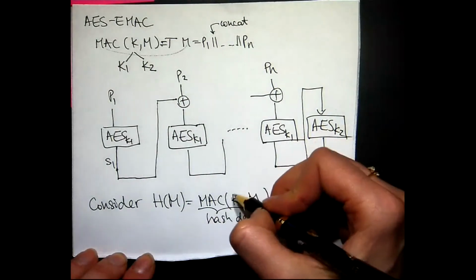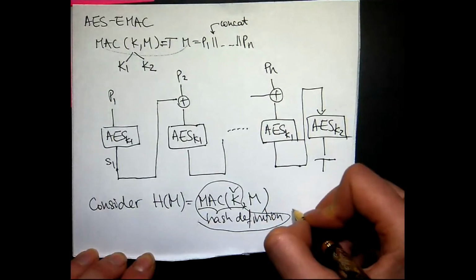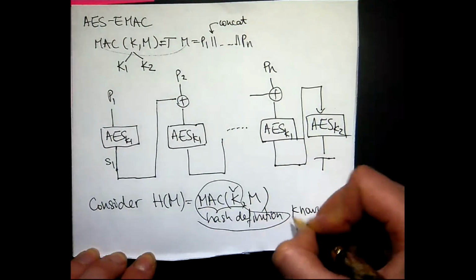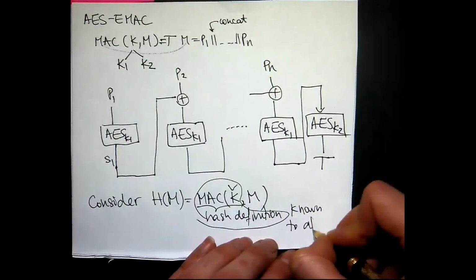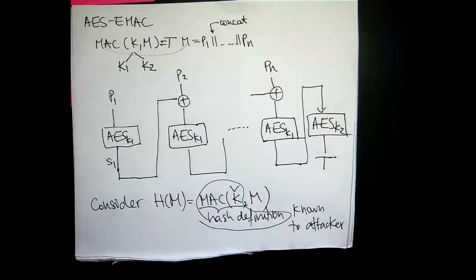So if this is part of your hash function, then it's known to the attacker. Well, if the key is known to the attacker, then how can the attacker find a collision? Definitely, so you said one such possibility.